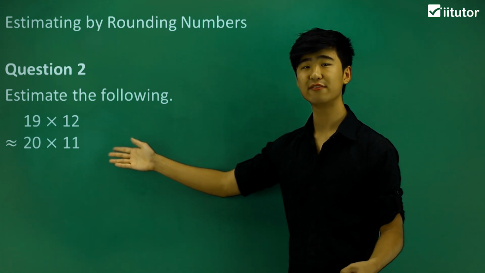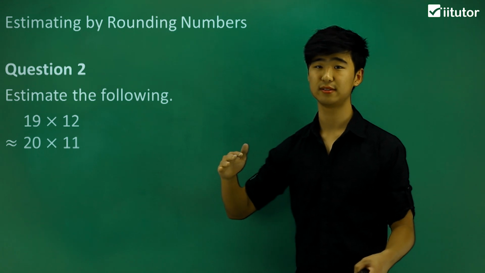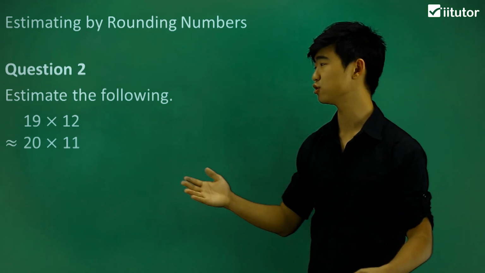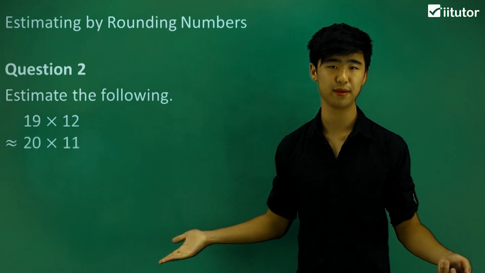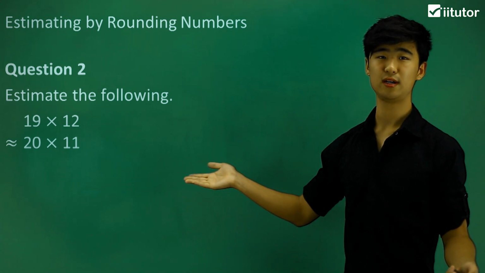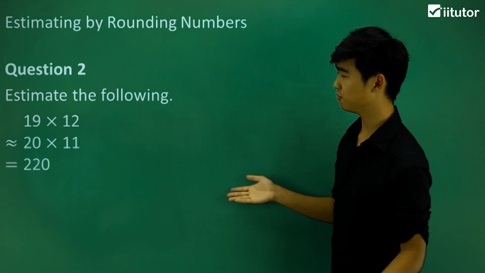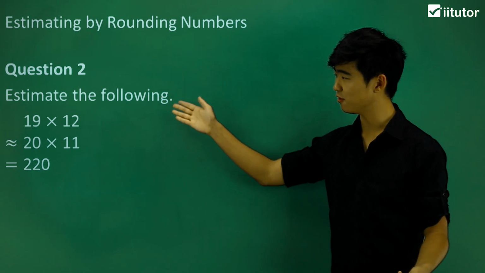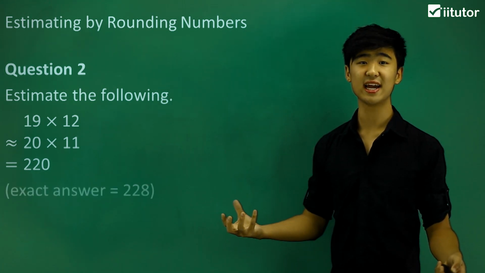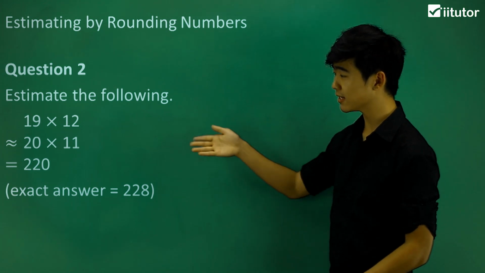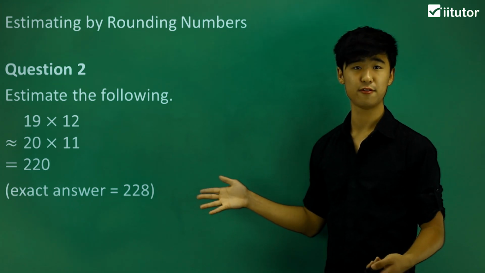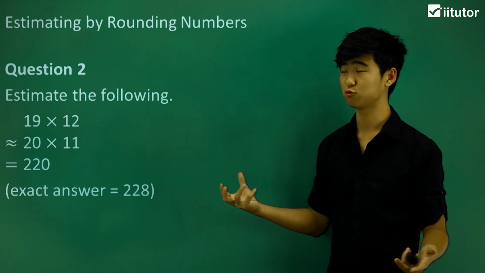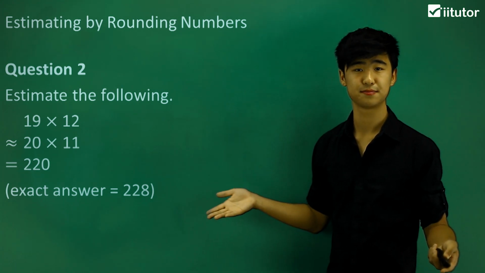But even 11, if we round a bit less down, it'll be a bit closer to the answer. And also 11 is a very easy number to work with anyway. So that's why I chose 11. Now let's times this together. It'll give me 220. Now if I put 19 times 12 into my calculator, the exact answer is actually 228. So again, you can see that it's very close. We can estimate very close by rounding numbers up and down.